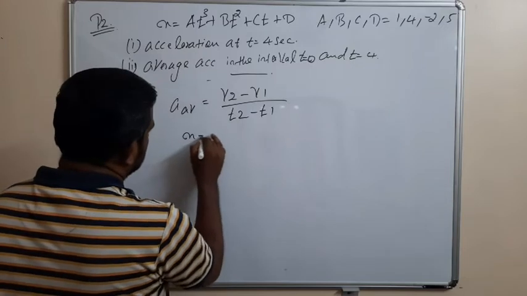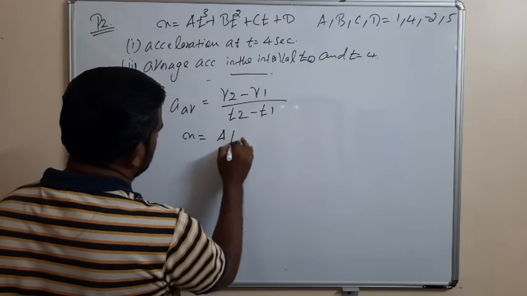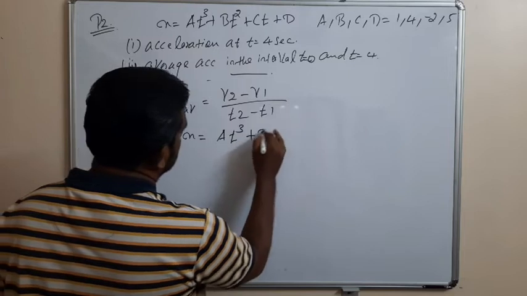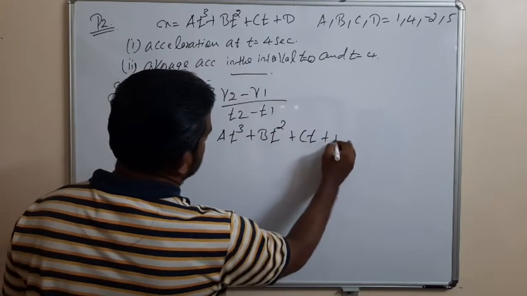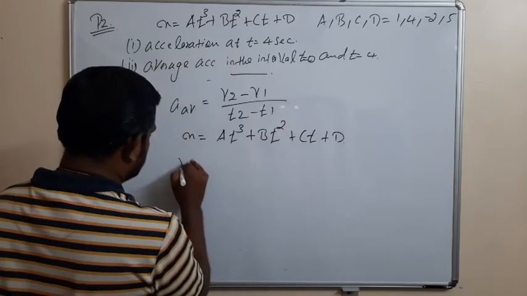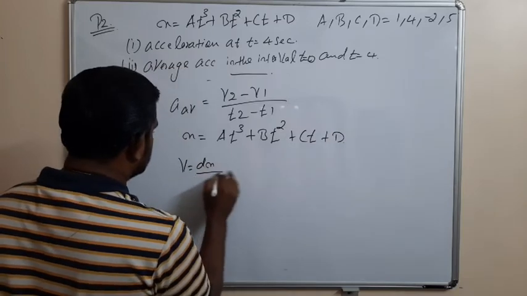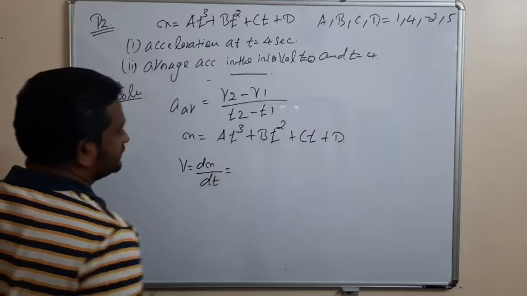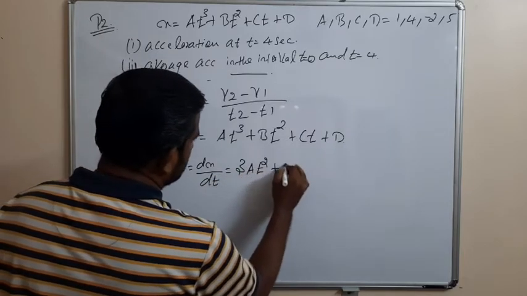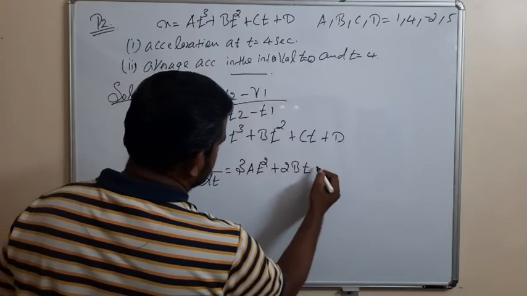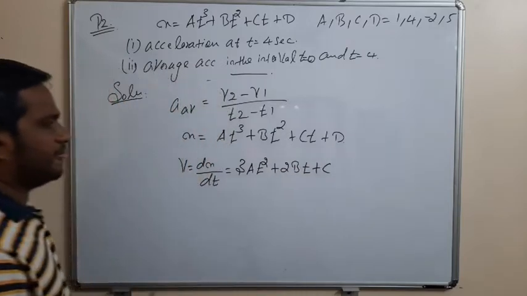So x = at³ + bt² + ct + d, so v = dx/dt, that's equal to 3at² + 2bt + c.